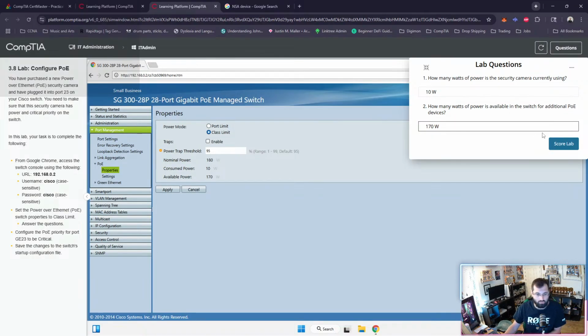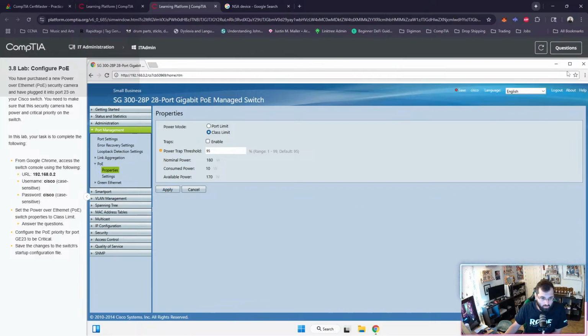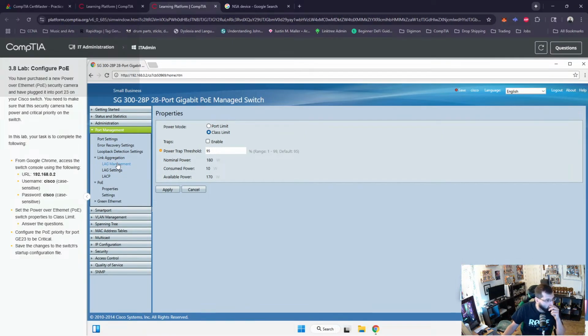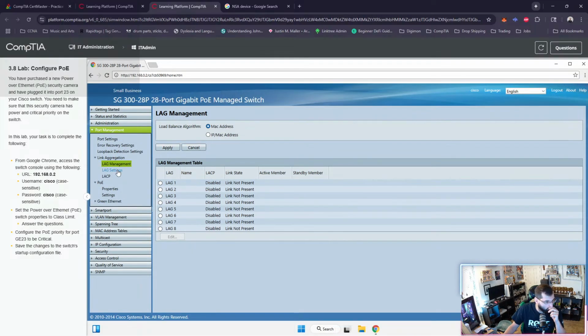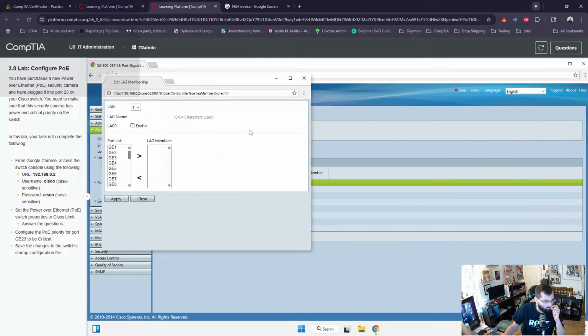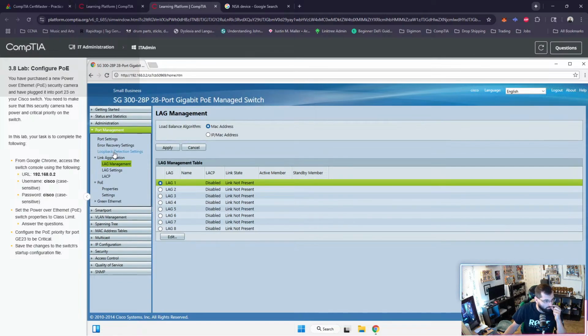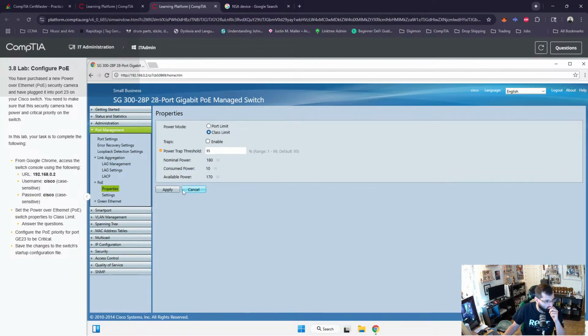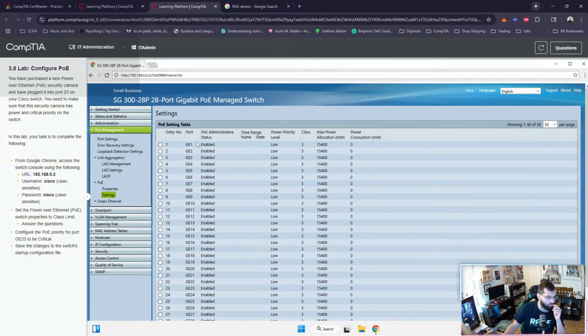Okay. We need to configure PoE priority for port GE23 to critical. So where is... There it is.